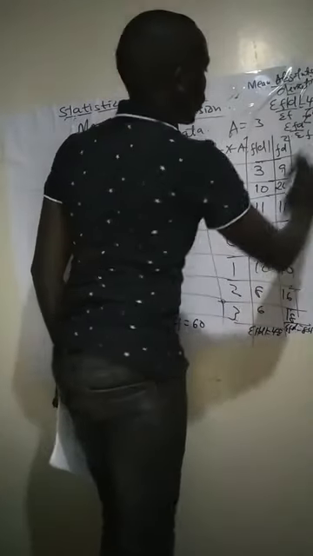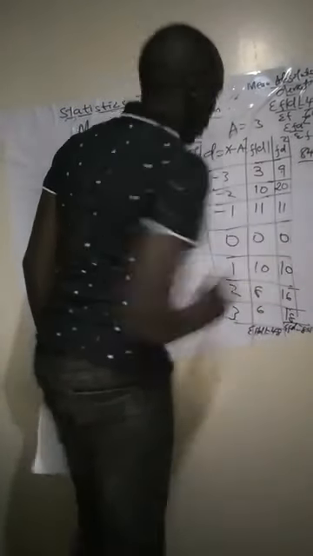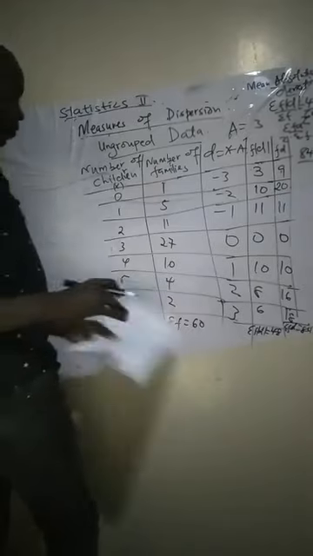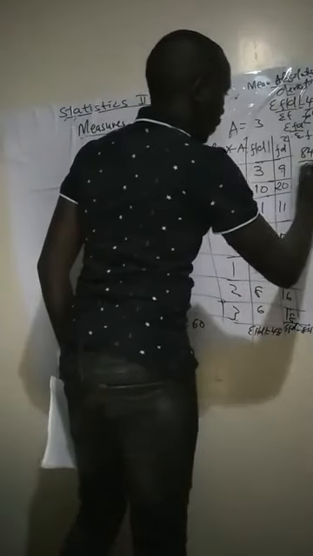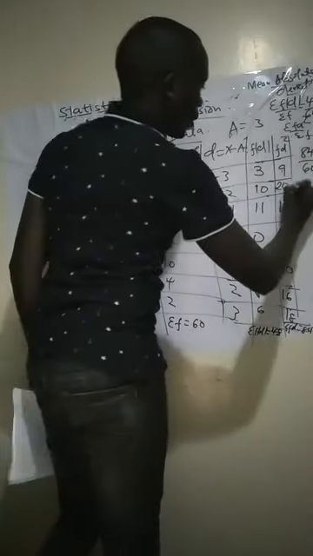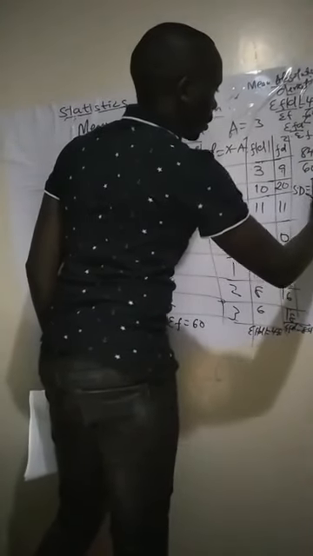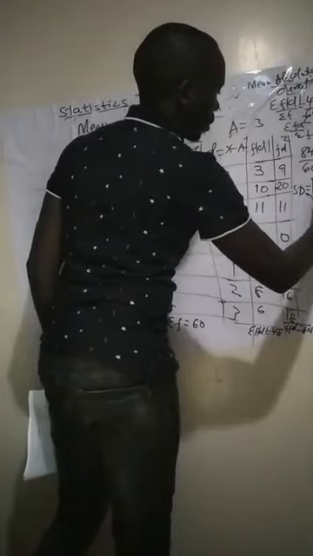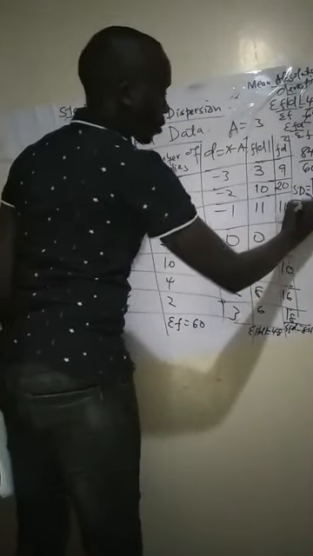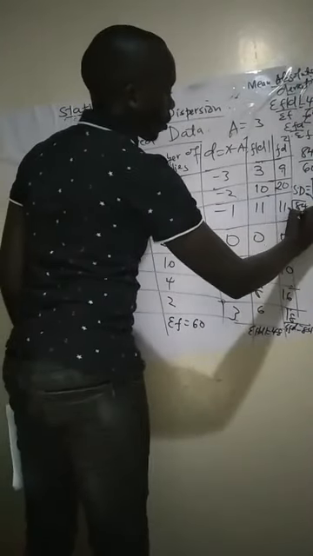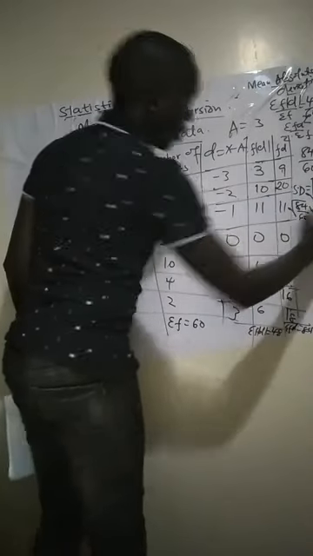So we have 84 divided by the summation of f, which is 60, and that gives us variance. For standard deviation, SD, it is the square root of variance. So it is the square root of 84 over 60. That gives you the standard deviation.